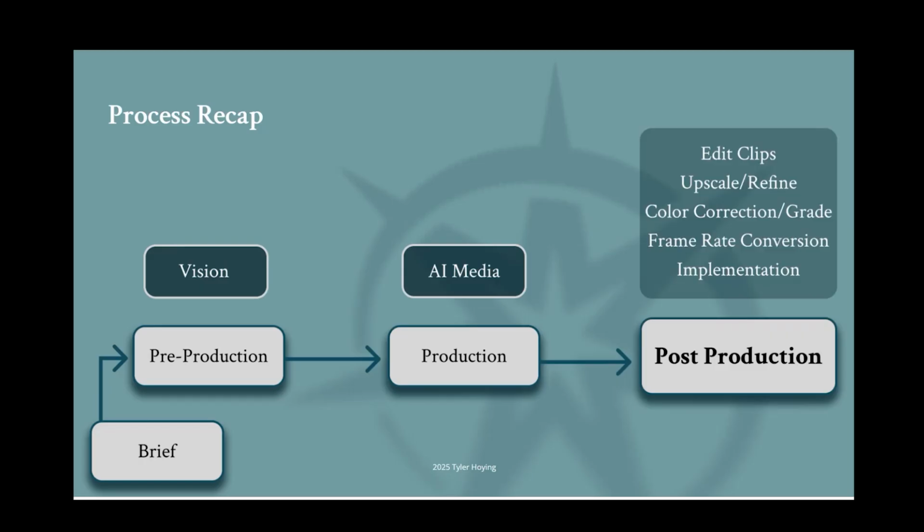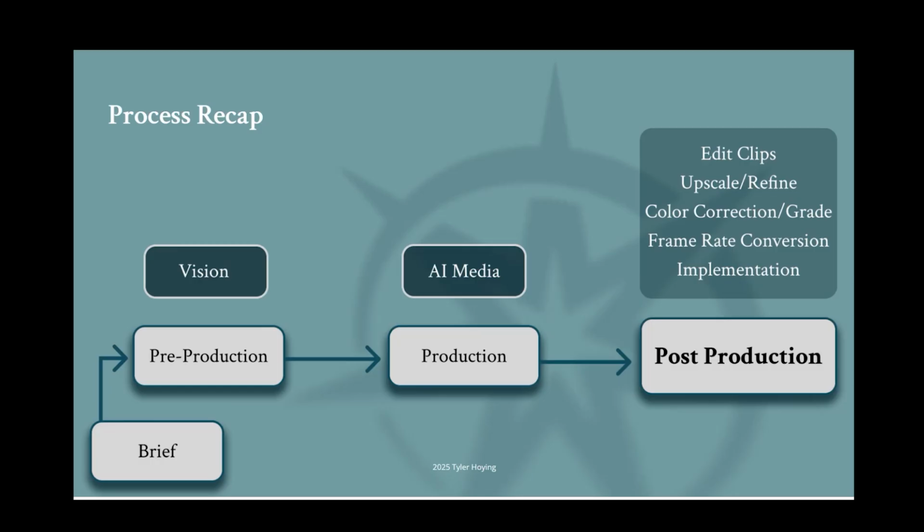And then we come to post-production, right? This is fairly standard. Editing clips, upscale or refine the details. You can absolutely use AI for that. Color correction, as I mentioned before, might be necessary. Color grading so that everything feels cohesive, like it belongs together. Frame rate conversion is definitely a thing.